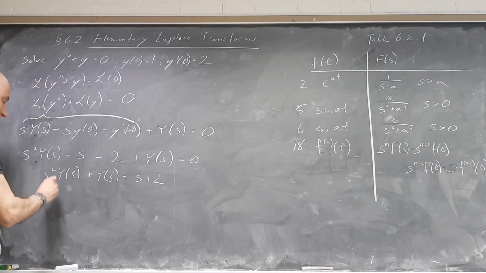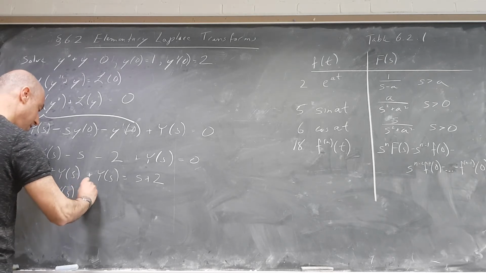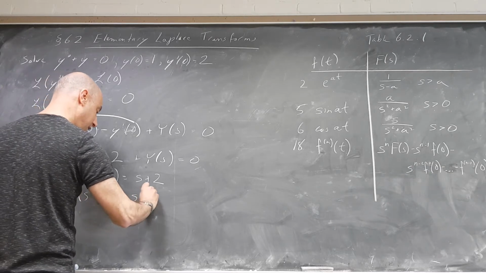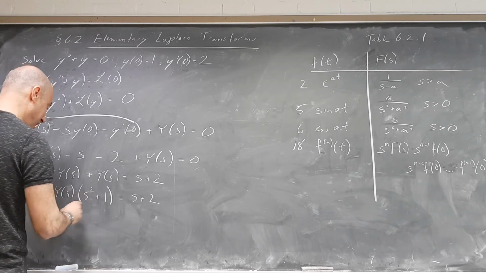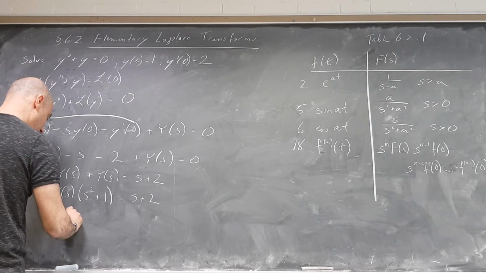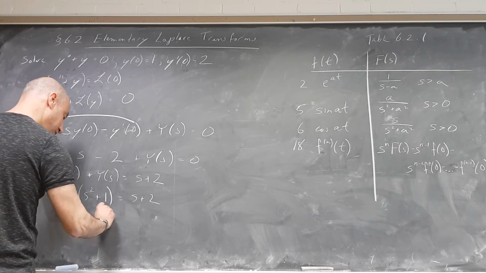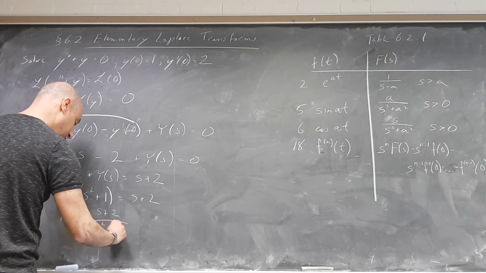Over here I could factor out the Y of s times s squared plus 1 equals s plus 2. Algebra, algebra, algebra. That's the only thing left. Divide both sides by s squared plus 1. So Y of s is equal to s plus 2 all over s squared plus 1.